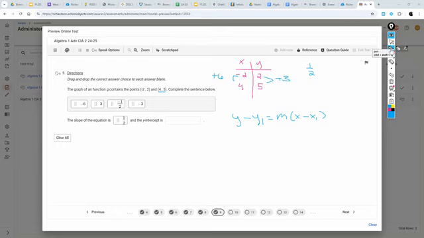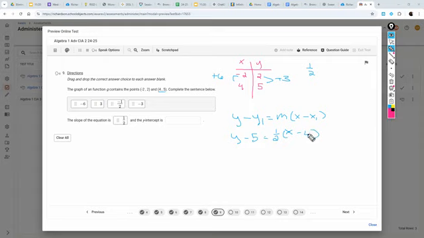So y minus 4 here equals, we have 1/2 as the slope, x minus, oh, I messed up. See, I messed up already. This is supposed to be 5. I'm sorry. See, gotta check your work. We all make mistakes. Minus 4.